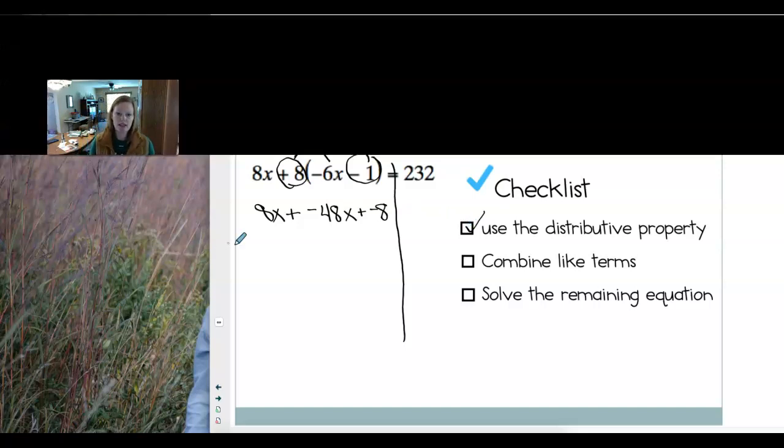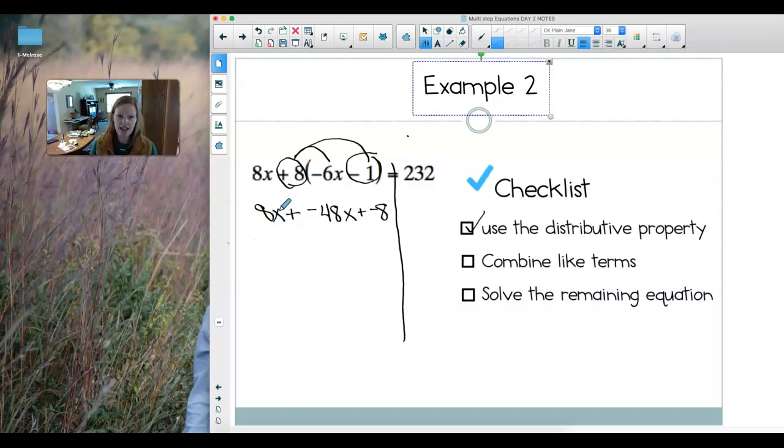Now we're going to combine like terms. 8x plus negative 48x is negative 40x, plus negative 8 equals 232. So we are done with that step of combining like terms.